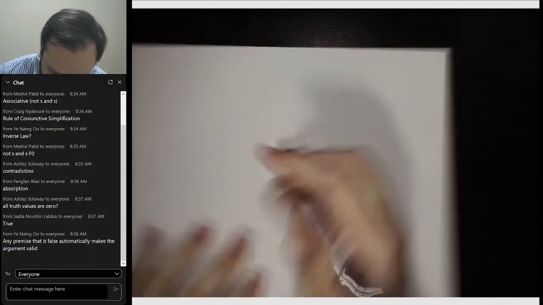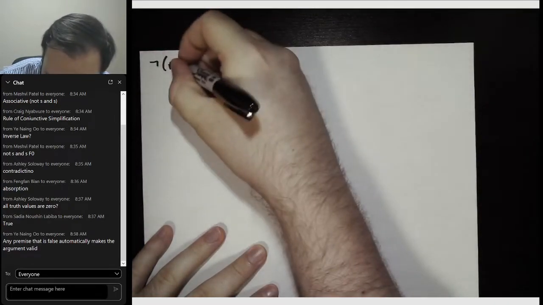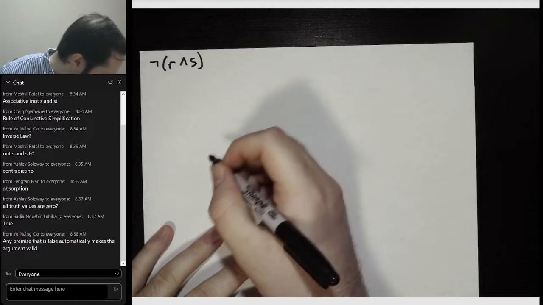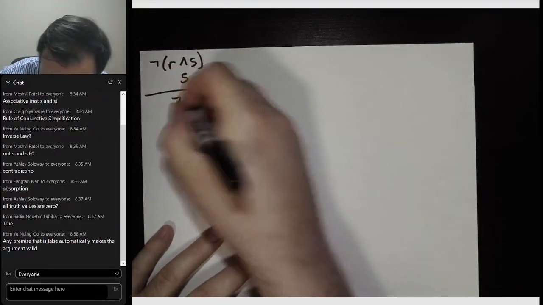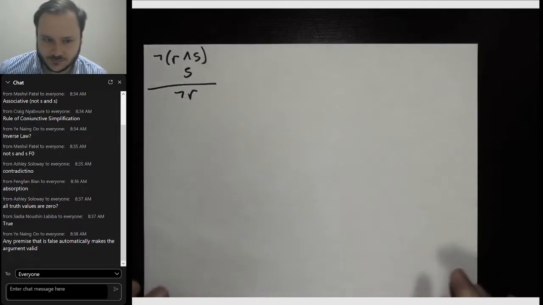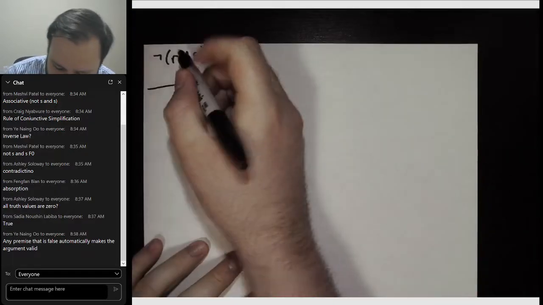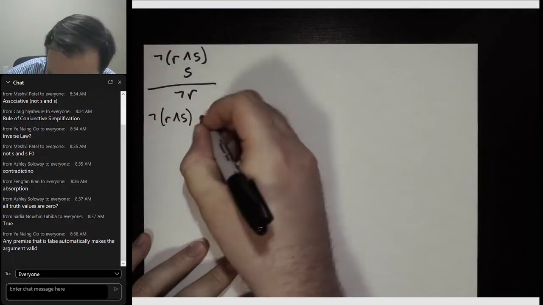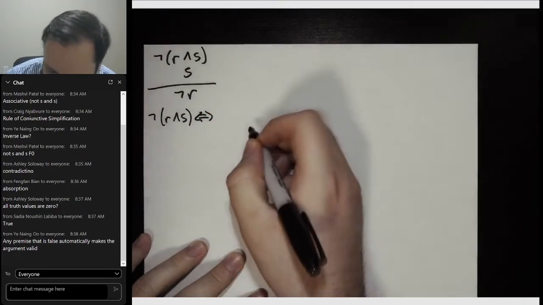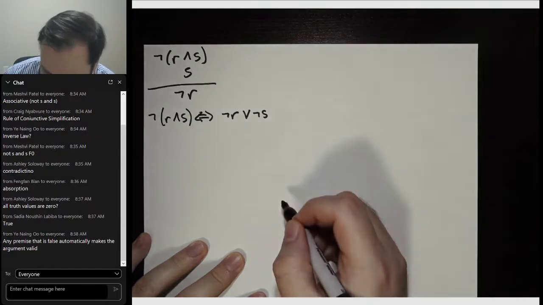So let's try not R and S, and also S, conclude not R. Let's try this one again. So same thing, we're still going to start with De Morgan's law: not (R and S) is logically equivalent to not R or not S.